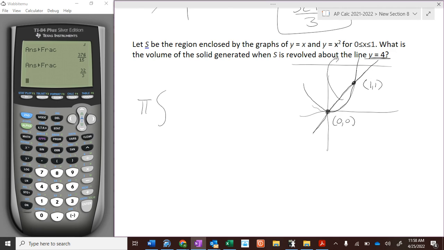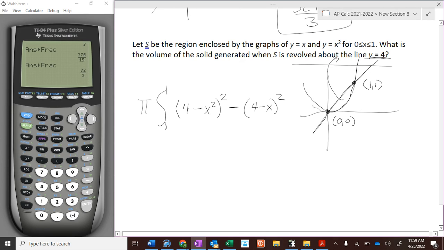What's my long radius? 4 minus the bottom one, x squared, minus the short radius, 4 minus x.